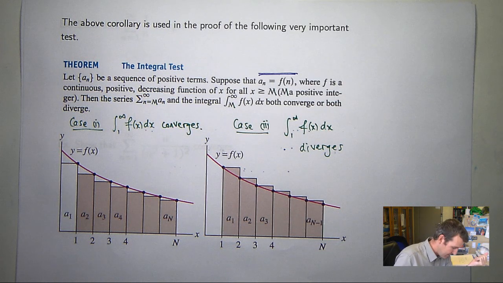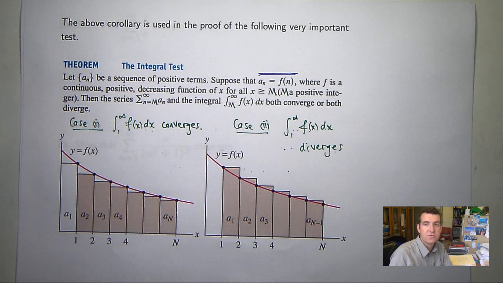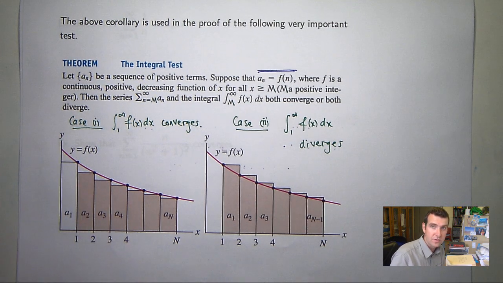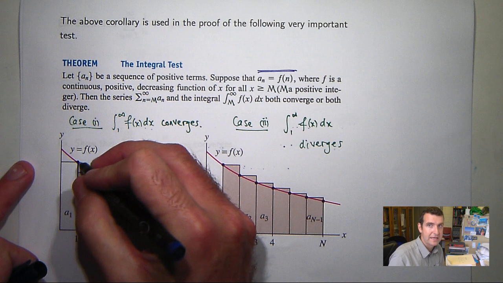Well, under those conditions, the conclusion is that the series and the improper integral either both converge or they both diverge. So in other words, under those conditions, the series and the associated improper integral have the same behaviour.